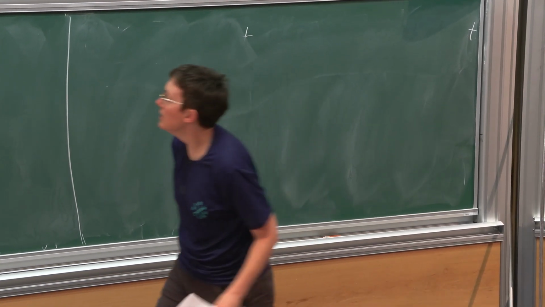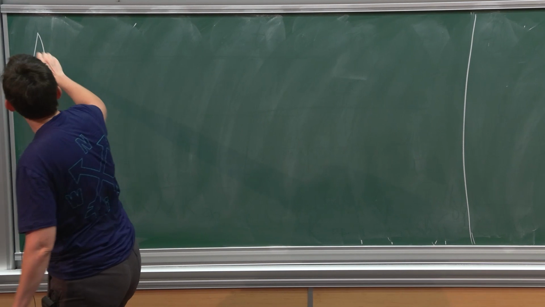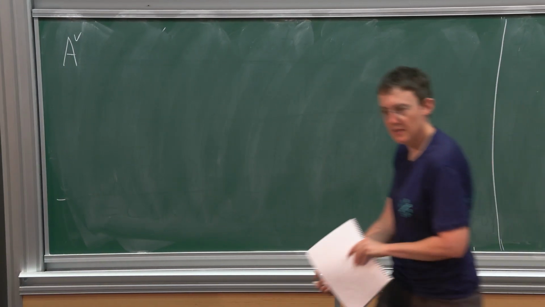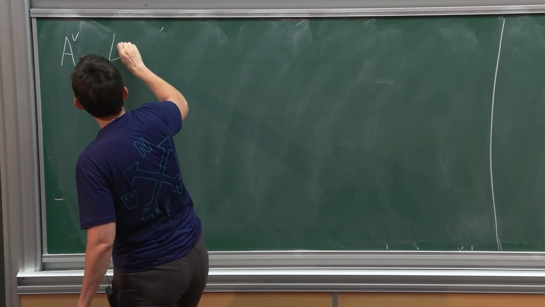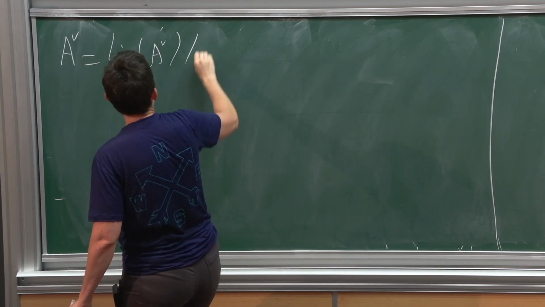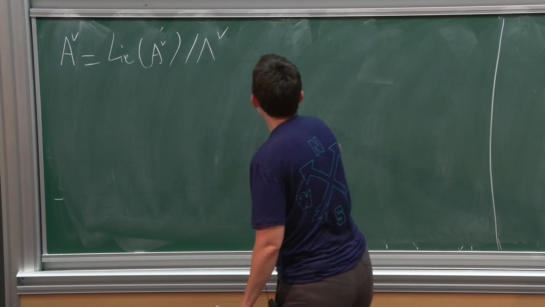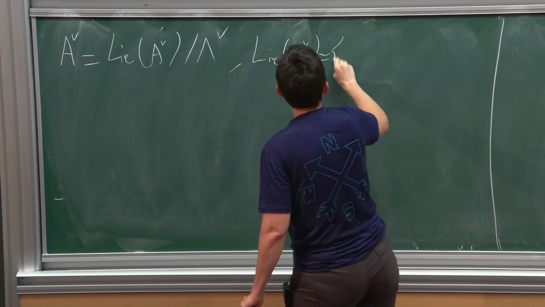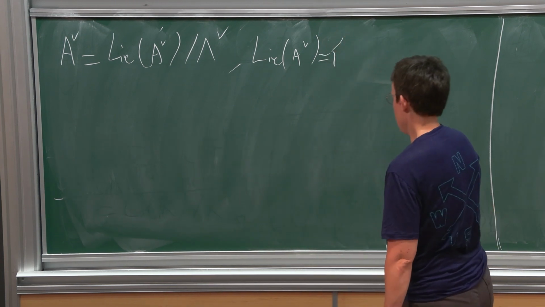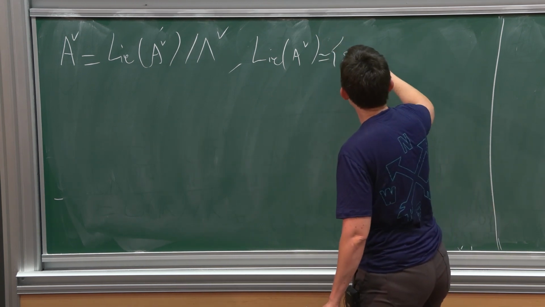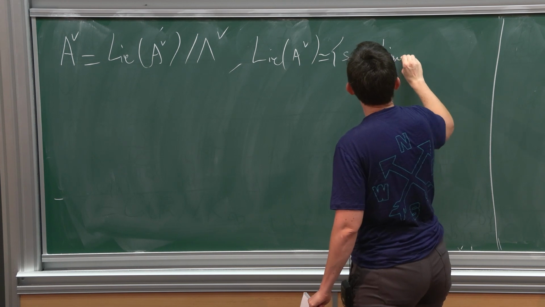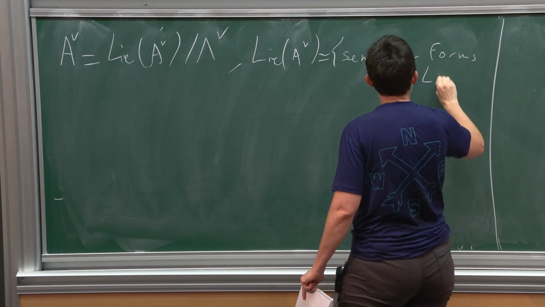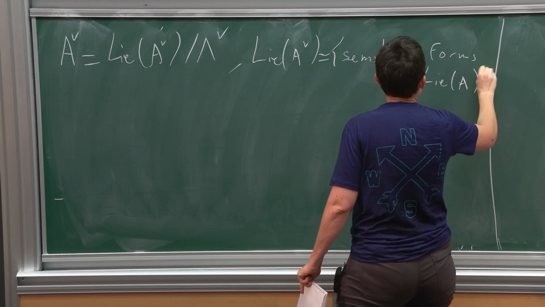So let's talk about that. In this picture, the dual Abelian variety is just Lie(A dual) over some Lambda dual. Lie(A dual) can be identified with the set of semilinear forms on Lie(A).